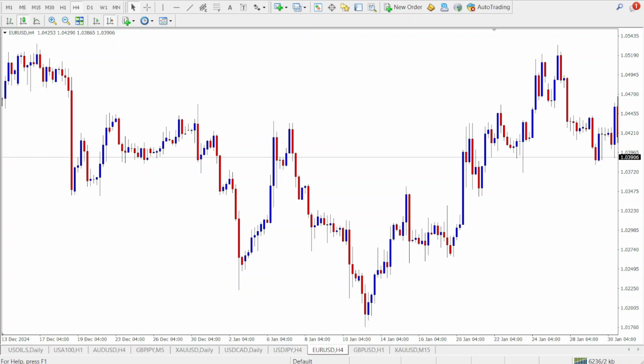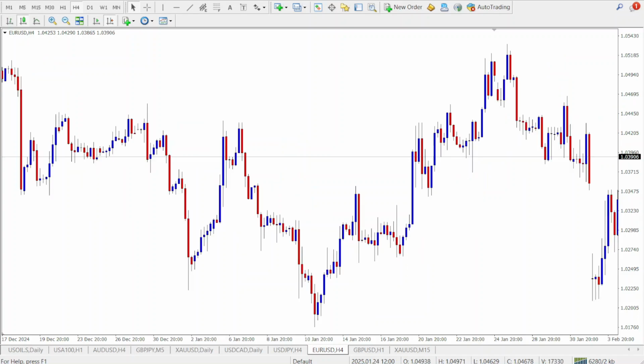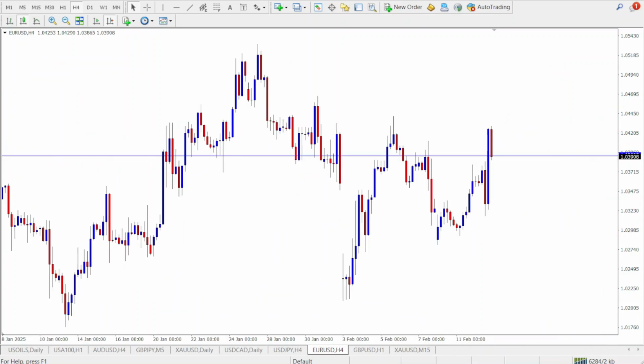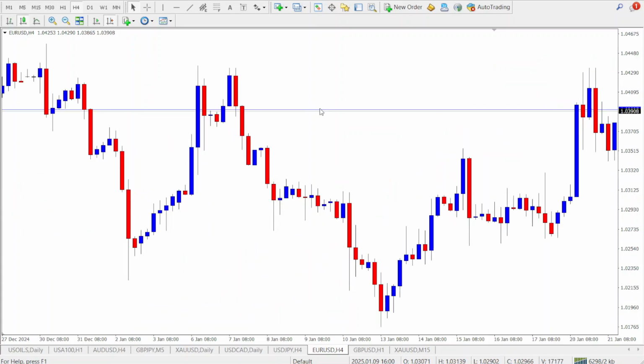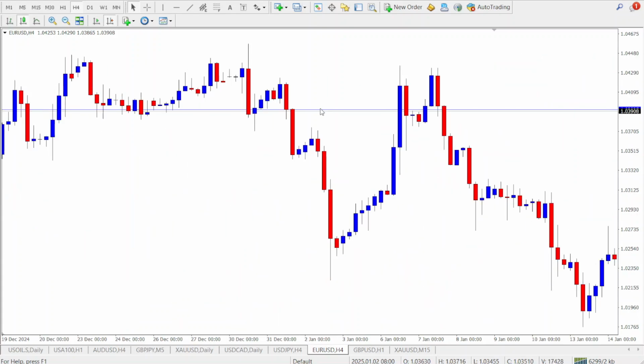Now, before we dive into the strategy, let's quickly break down what candlestick patterns are and why they matter. Each candlestick represents price movement over a specific time frame.